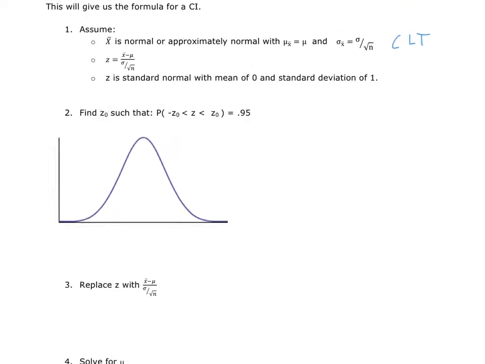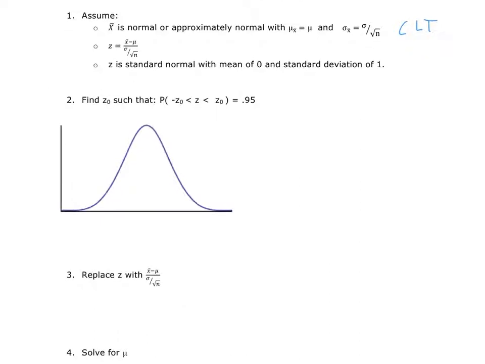Okay, so to start this off, we're going to start off with what we know about z, the standard normal. Let's find a particular value of z, we'll call it z sub 0, such that the probability that negative z sub 0 is less than z is less than z sub 0 is 0.95.